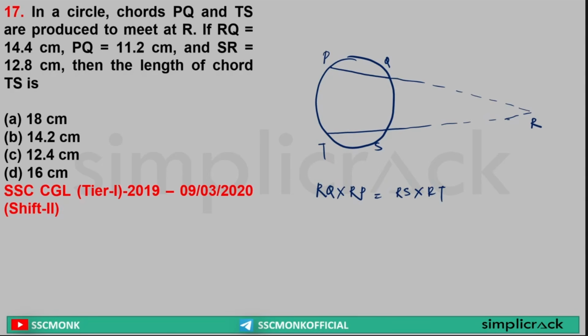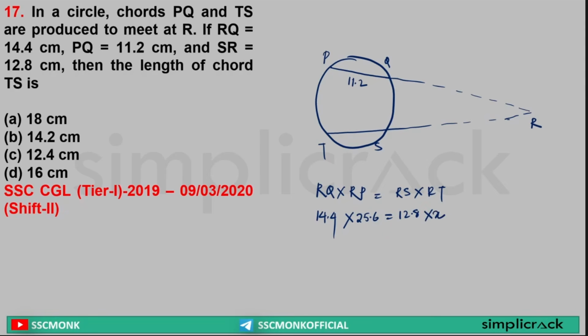So here RQ is equal to 14.4 centimeter multiplied by RP, which is unknown, but PQ is given as 11.2. So 14.4 plus 11.2 is equal to 25.6. That is equal to RS, that is equal to 12.8. RT is unknown because ST is unknown, so I will keep it as it is.